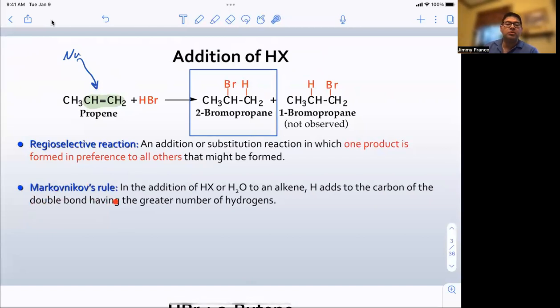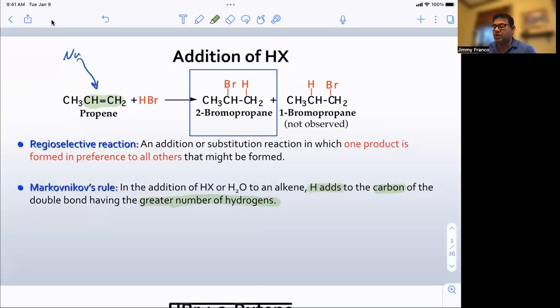So Markovnikov's rule tells you that if you're adding a group with a hydrogen and a halogen, or the same thing with water, we're going to add the hydrogen to the carbon with the most hydrogens. So you're going to add the hydrogen to the carbon already having the most number of hydrogens.